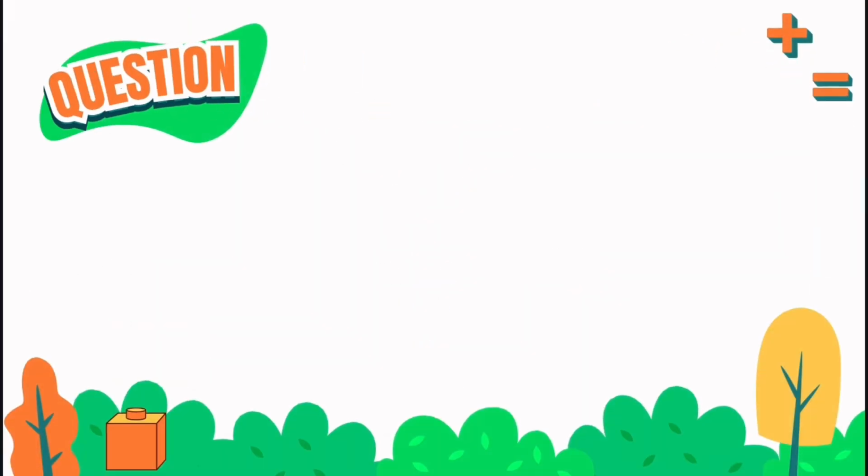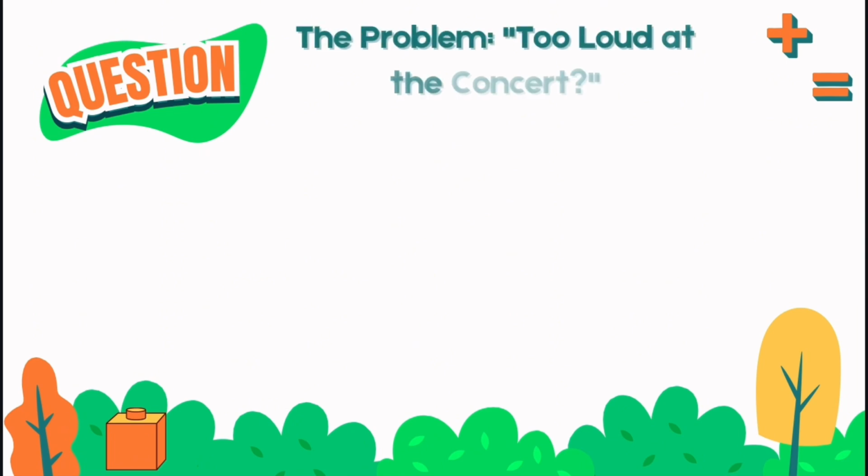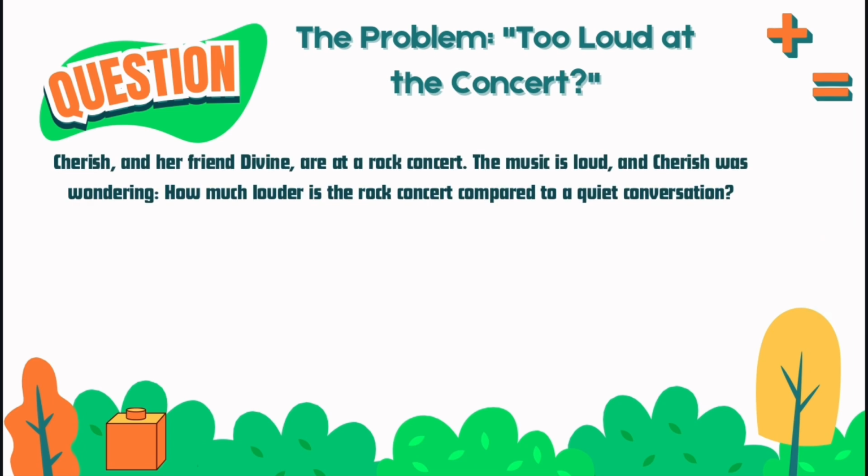Now, let's try to answer a real-world example. The problem: too loud at the concert? Cherish and her friend Divine are at a rock concert. The music is loud, and Cherish was wondering how much louder is the rock concert compared to a quiet conversation.